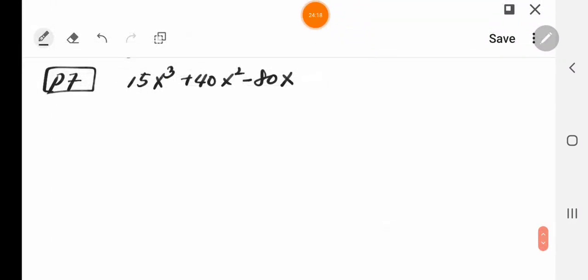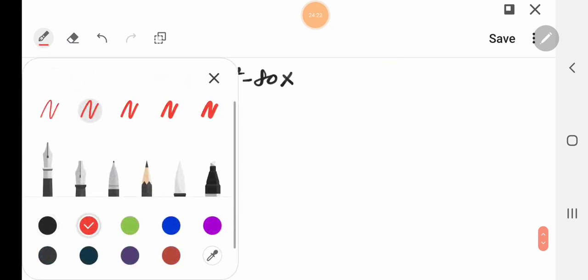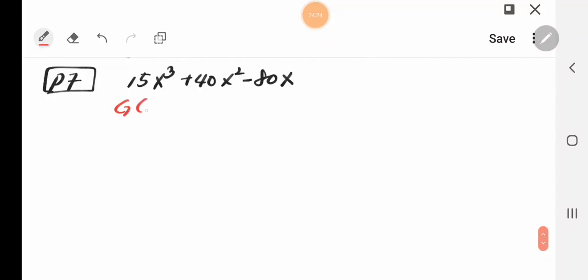For this problem, number 7, let's find the greatest common factor. For the numbers, 3 is not. How about 5? Yes, 5 is a common factor. How about x? Yes, x occurs in all three terms, so x is a common factor. So the greatest common factor will be 5x.